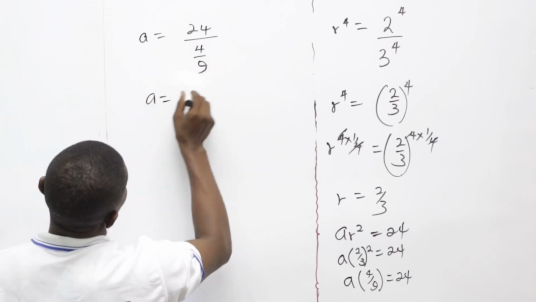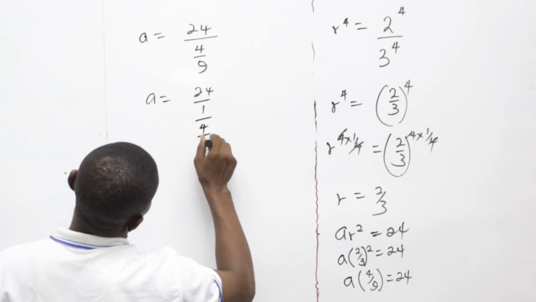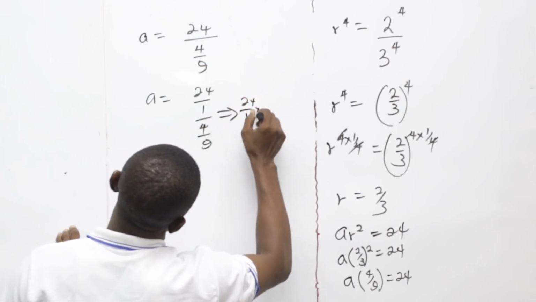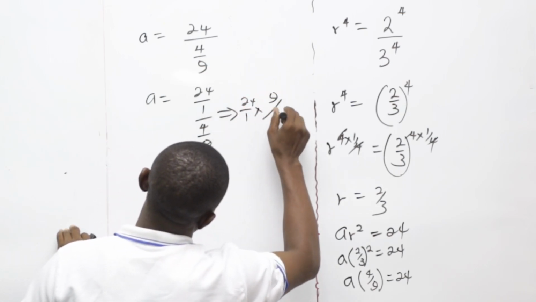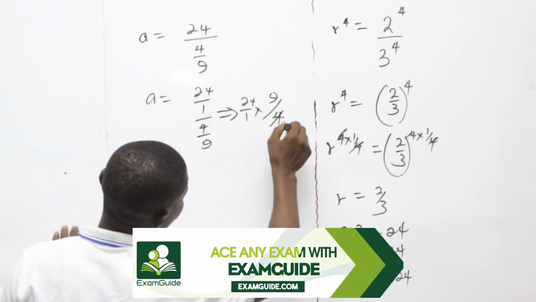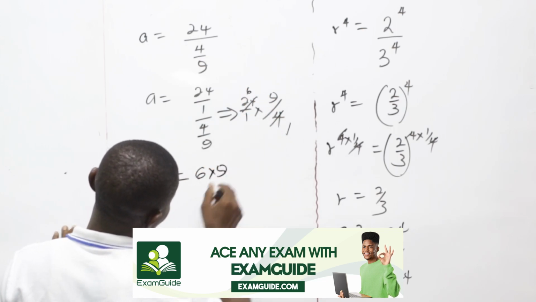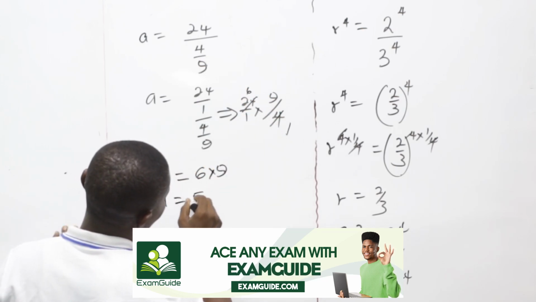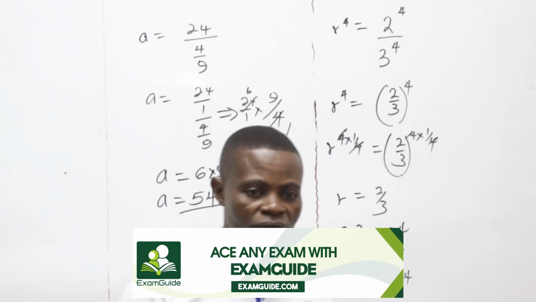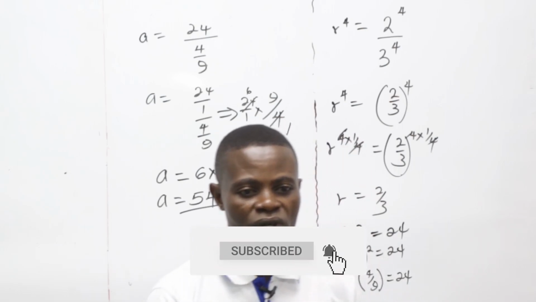So that A equals 24 over 1 over 4 over 9, which will imply 24 over 1 times 9 all over 4. A equals 4 here, 1, 4 here, 6. 6 times 9, A equals 54. The first term is 54. That is the final solution to this question.